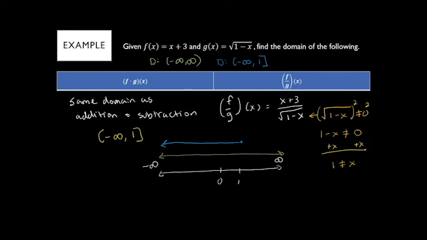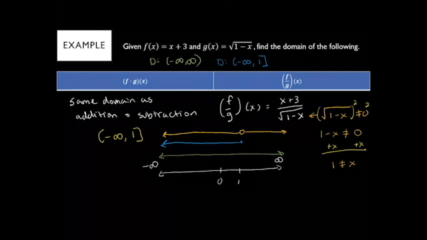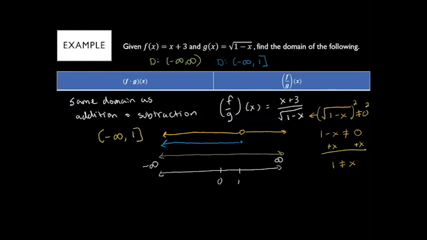And now this third one says we're not allowed to have 1. So you can think of that as an open circle, but we can have everything else, because all we know is that we can't have 1 in the denominator, but everything else works. So I'm adding this as a third layer on my picture.